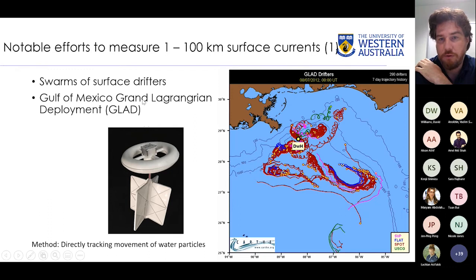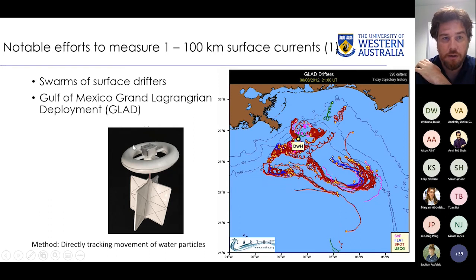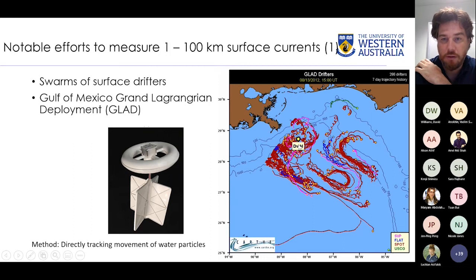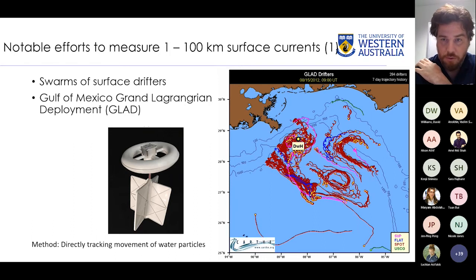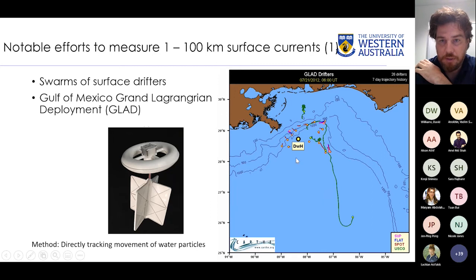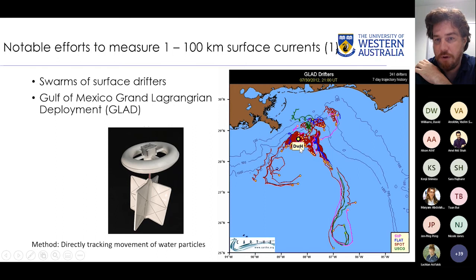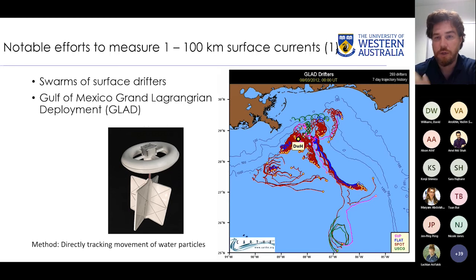These are satellite-tracked drifters deployed in the Gulf of Mexico as part of the GLAD experiment, which was set up after the Deepwater Horizon spill to try and understand the evolution of oil in these complex environments. What these swarms of drifters do is allow you to measure the spatial variability of the surface flows, because you have many measurements at the same point in time.